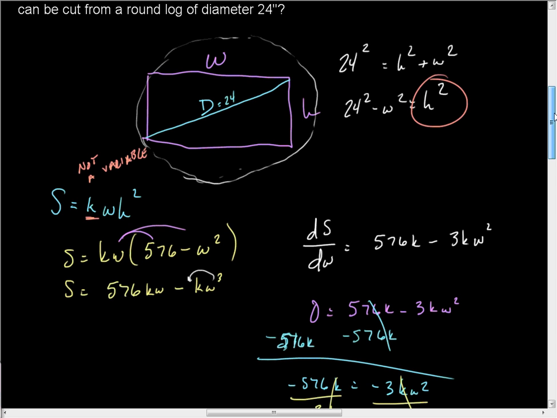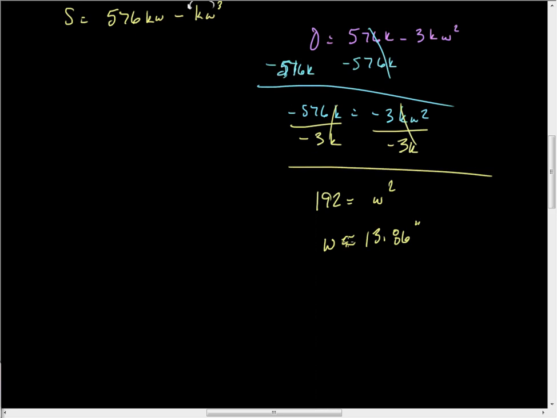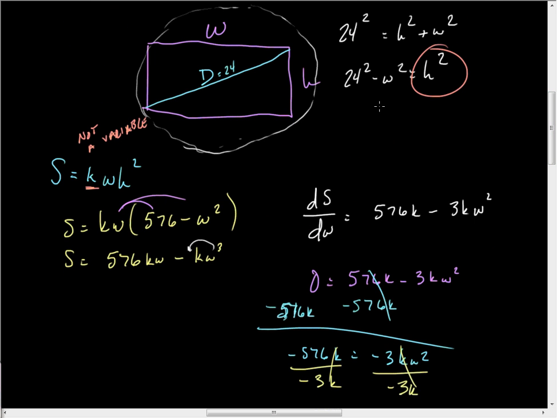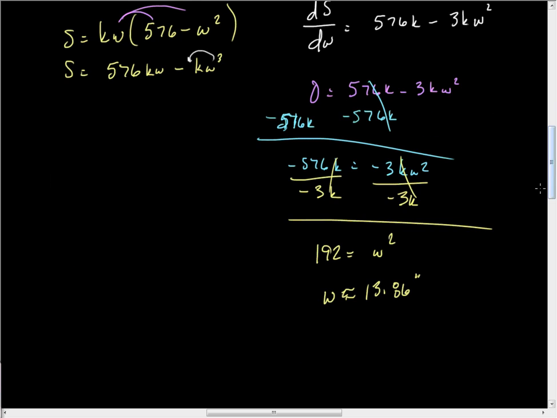Now, we need to go back and find h. If we rewrite this down here, we have h squared is equal to 576 minus w squared, which is 192. And so 576 minus 192 gives us 384, and we take the square root of that.